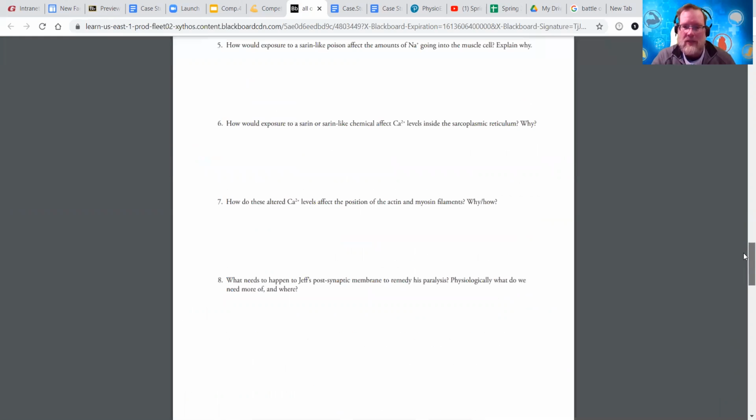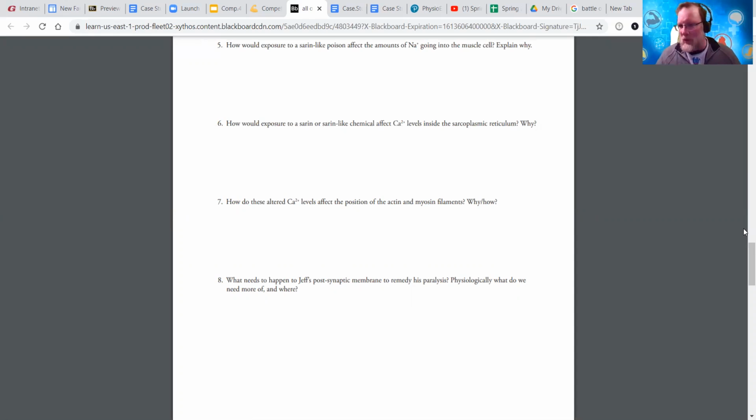So, be as descriptive as you can. Now, again, it talks a little bit about the process of a muscle contraction. So again, we get acetylcholine from the presynapse, which is the nerve, to the postsynapse, which is the muscle. And then we're going to see calcium released from the sarcoplasmic reticulum.